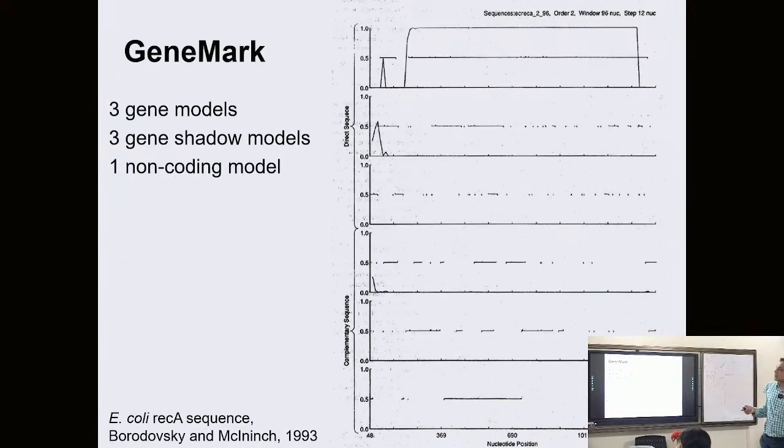Okay, and this program was named GeneMark, and was used in annotating the first bacterial genome that was sequenced in 1995. Do you remember the first bacterial genome that was sequenced? No, not E. coli. E. coli was 1997. The first bacterial genome was sequenced in 1995. E. coli maybe second, not first.